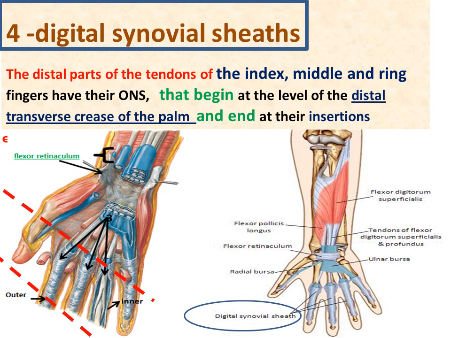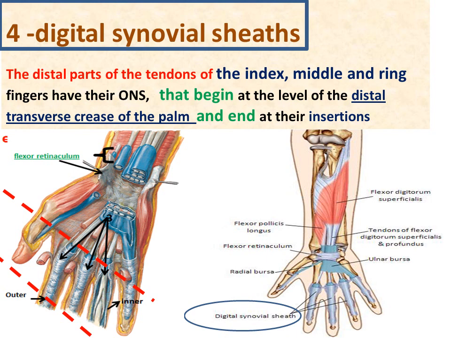And finally, the 4th synovial sheath, which is known as digital synovial sheath. This digital synovial sheath surrounds the remaining long flexor tendons in the digits, so they are named digital because they are only present on the digits. They are concerned with index, middle, and ring fingers.